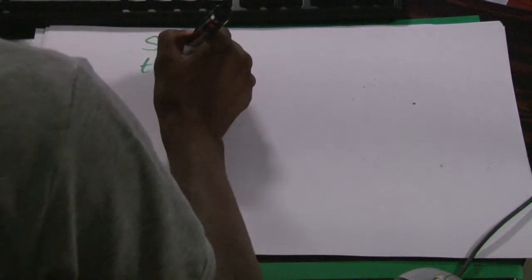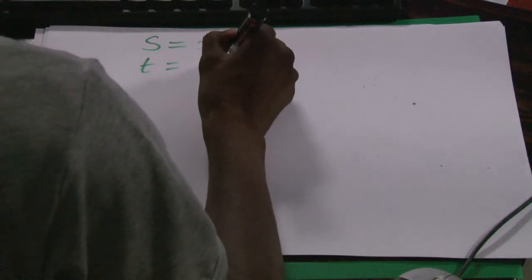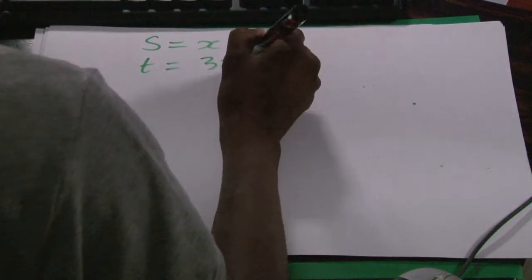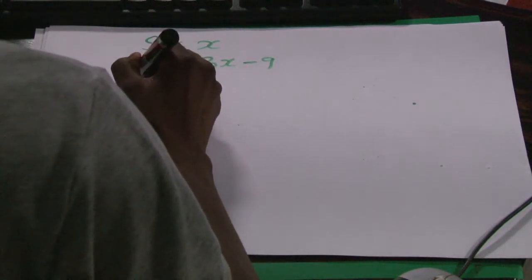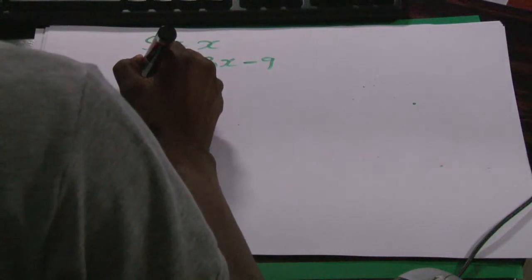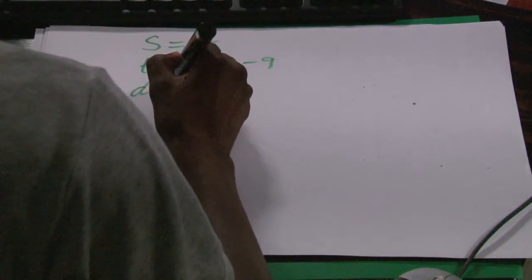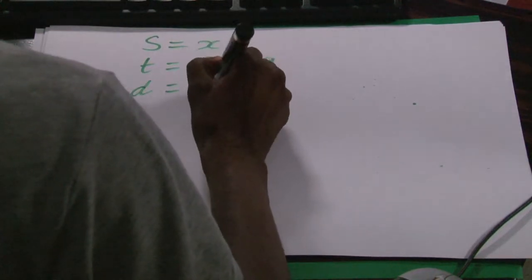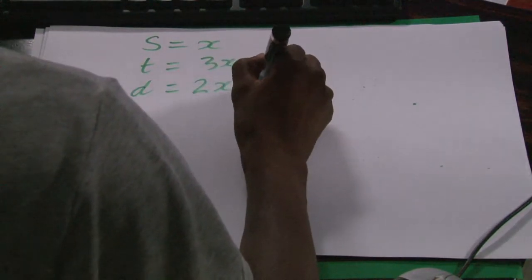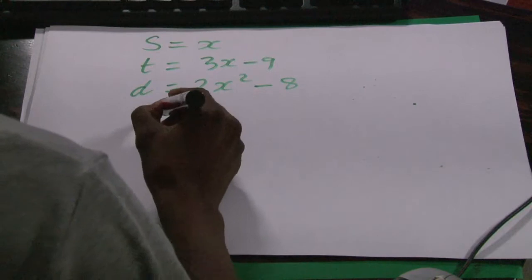So we know that s is equal to x, and then we are told that the time is equal to 3x minus 9, and the race distance is 2x squared minus 8 meters.